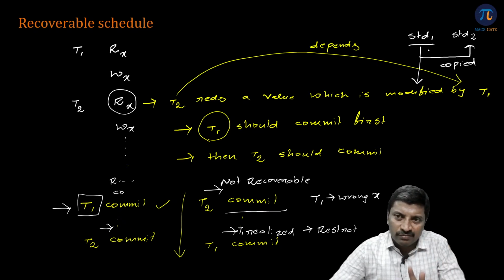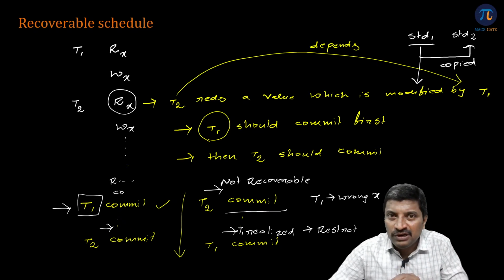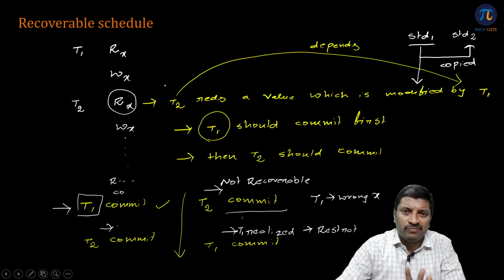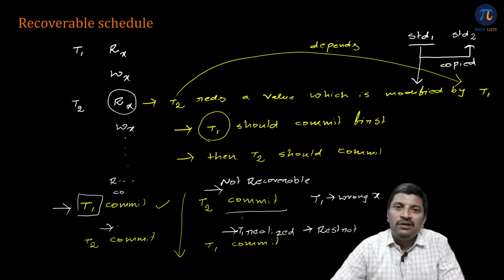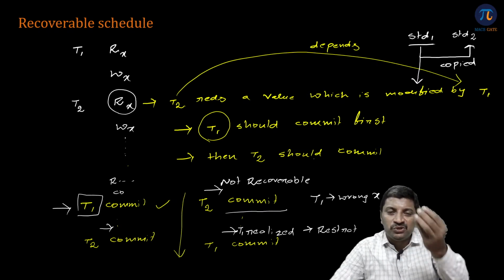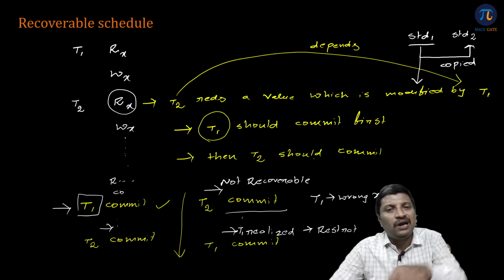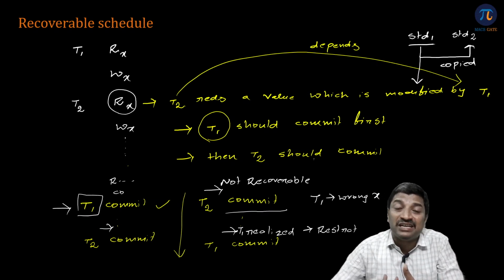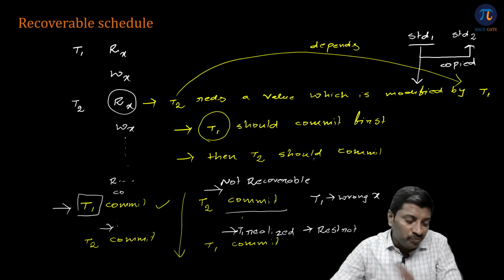Now student 2 realized he did something wrong. Then he corrected it. So student 2 is happy. What about student 1, sir? He executed the transaction with wrong entries and he submitted. So his mistake cannot be recovered. That is the meaning of recoverable schedule. Hope you understood it.